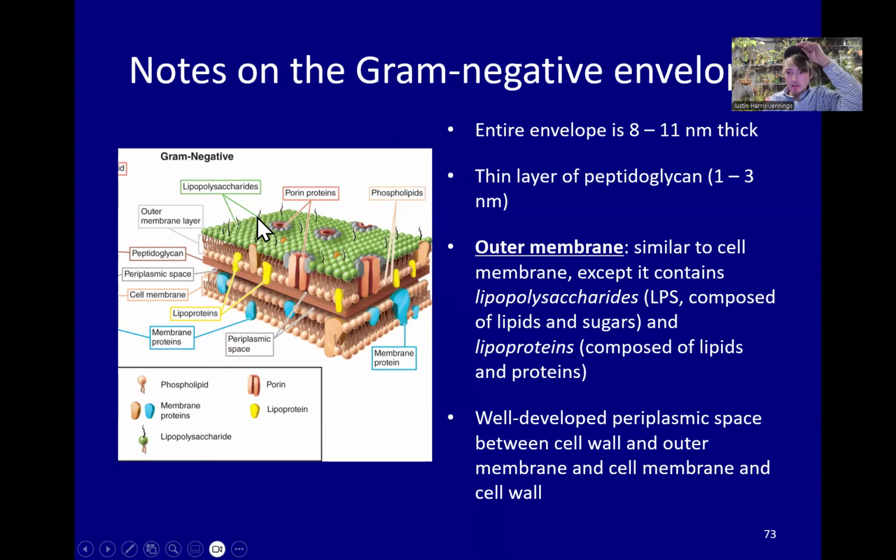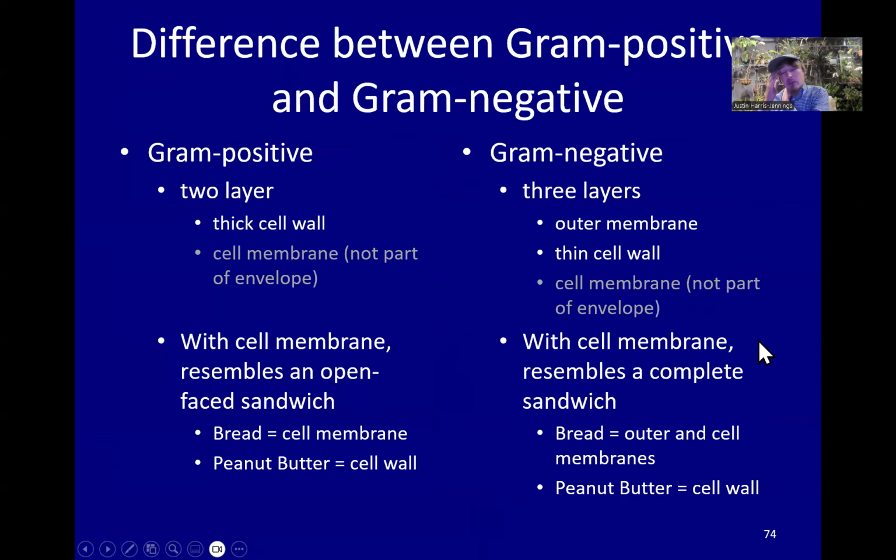And in research, they're used a lot to trigger an immune response, an innate immune response. So you have the gram-positive, which have the thick cell wall and the inner membrane. Then you have the gram-negatives, which have the outer membrane, the thin cell wall, and then the inner membrane.